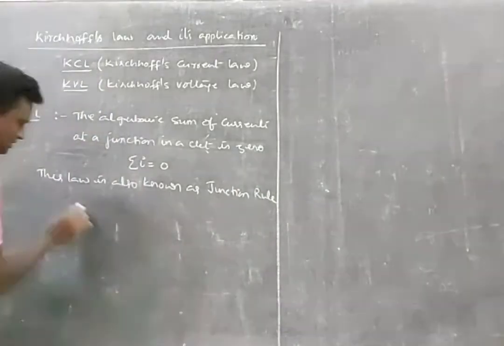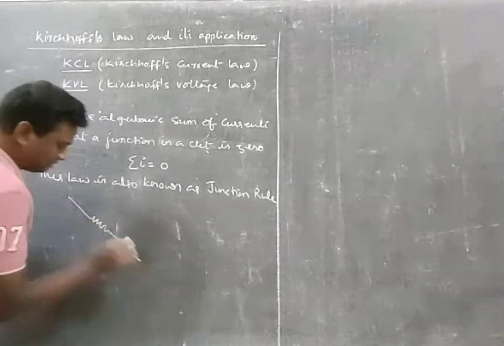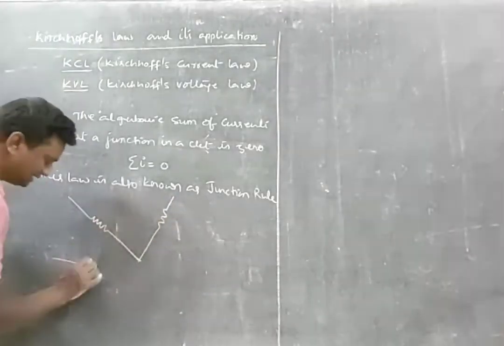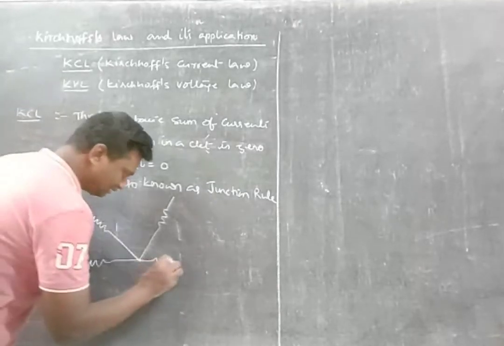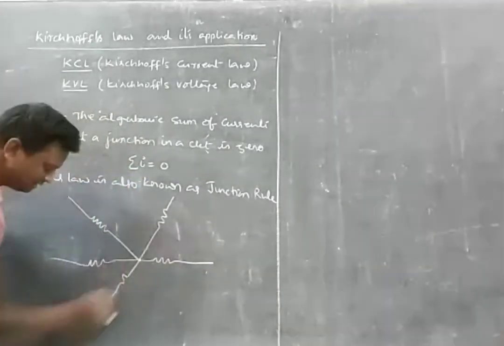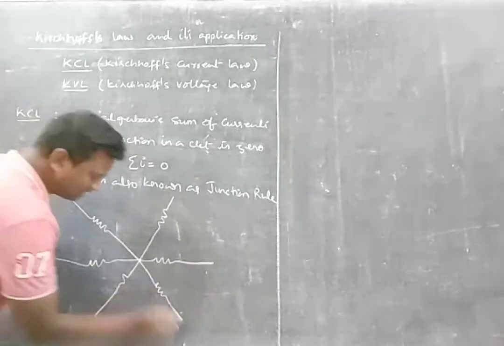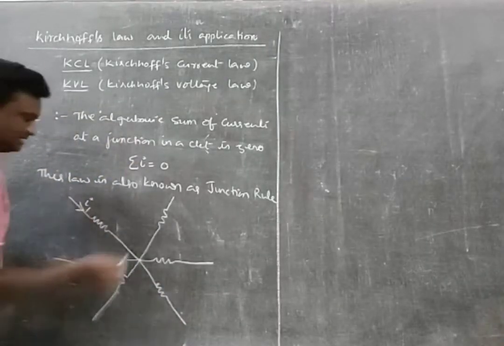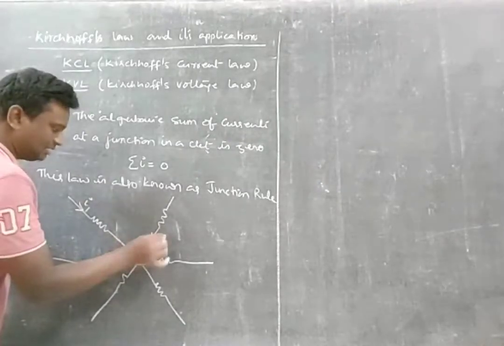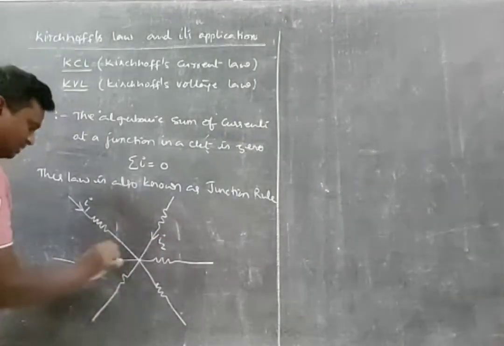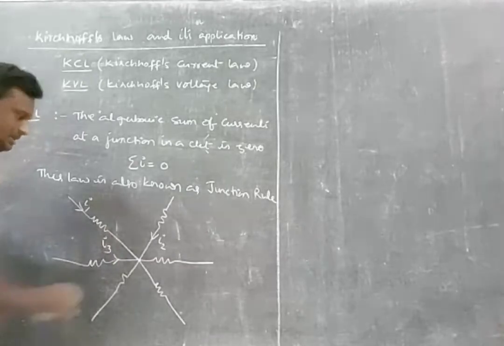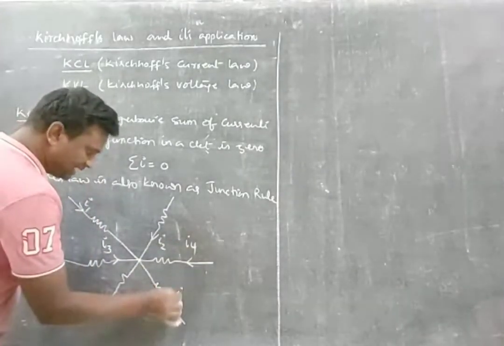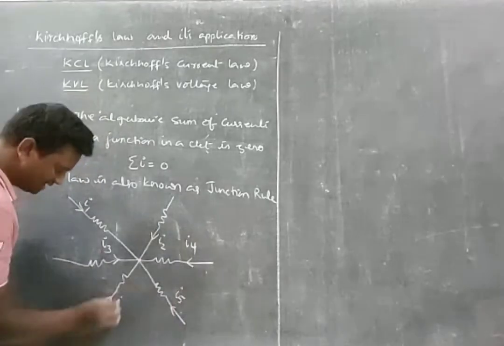Let us suppose there are a few currents entering at this particular junction. This is I1, this is I2, this is I3, this is I4, this is I5, and this is I6.